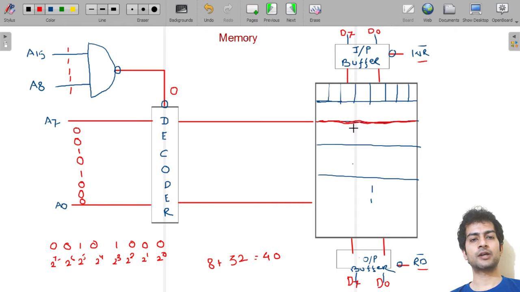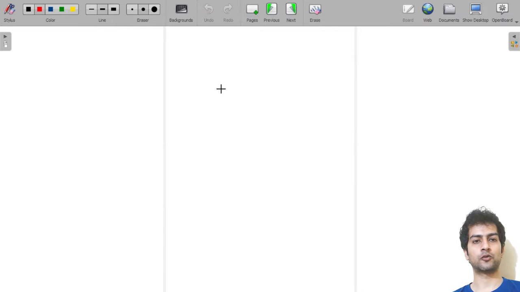So now suppose anyone asks you what will be the range of this memory. Before that, let me show you one more thing.